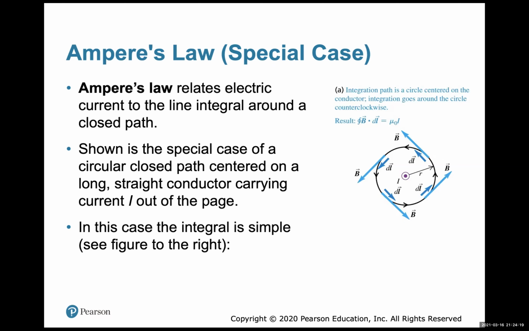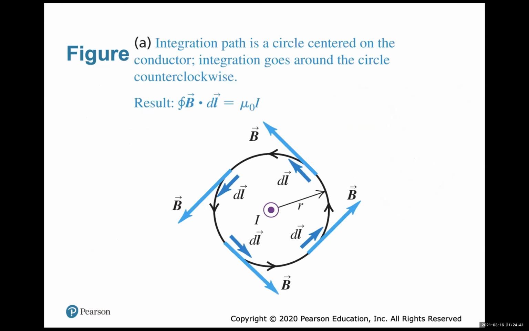Change the current, we change the answer. Change the size of the loop, nothing changes. All that we care about is how much current passes through the loop. A bigger version of what we just talked about.